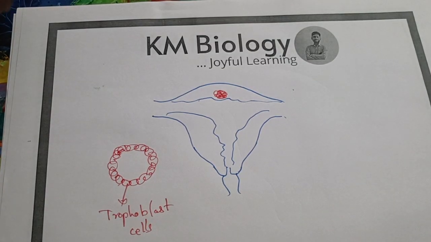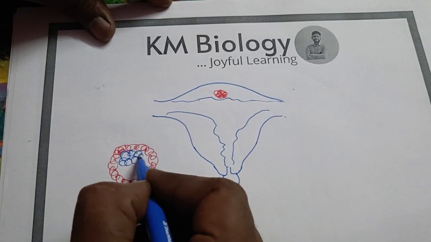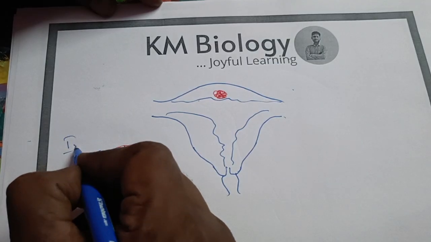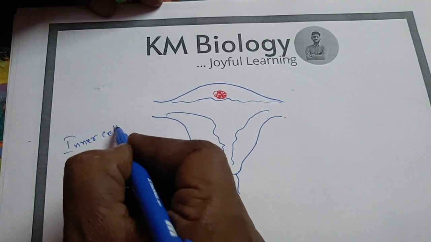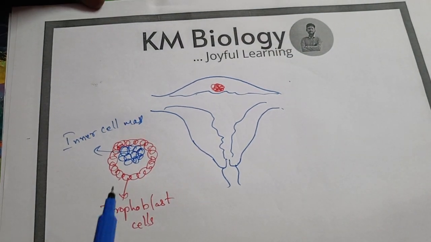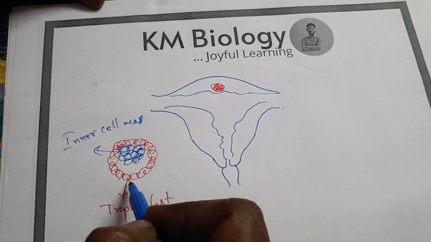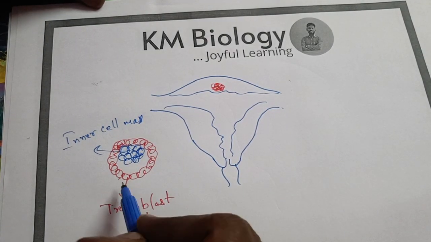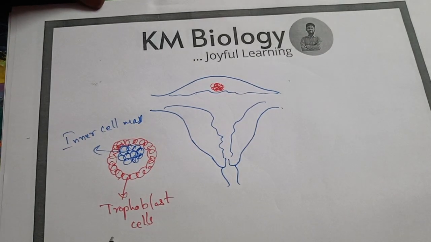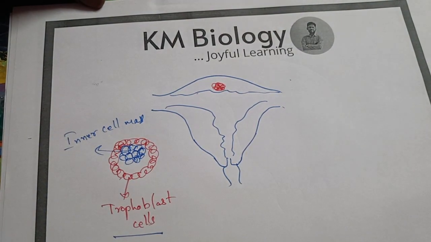And all the remaining cells present inside, we call it the inner cell mass. That means the cells in the early embryo after implantation are organized into two distinct structures, which we call trophoblast cells and inner cell mass.